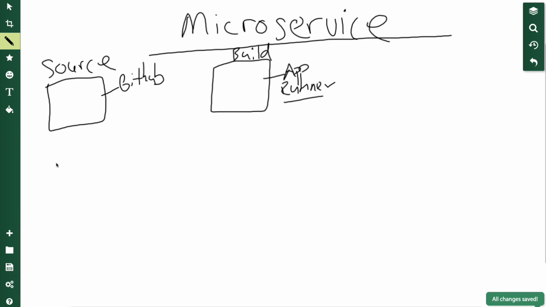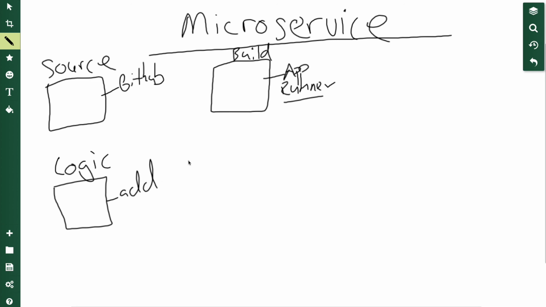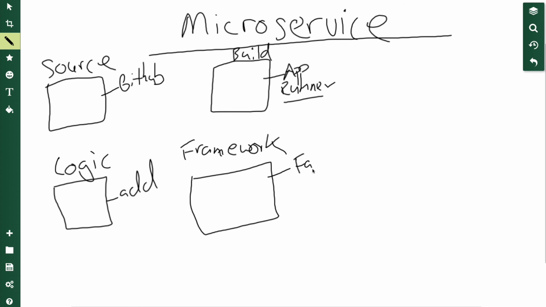Also, we're going to need the logic, right? So we're going to need some kind of business logic. In this case, it's such a simple function. We just put it inside, and this would be the add logic. We're going to need a framework. So we use the FastAPI framework that does all the magic. Now, what's cool about FastAPI is that it has type checking, which for the web services themselves is actually pretty cool because it really fits well with the way web services work.